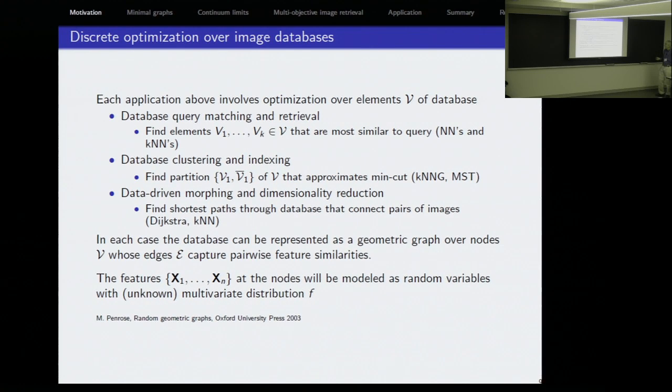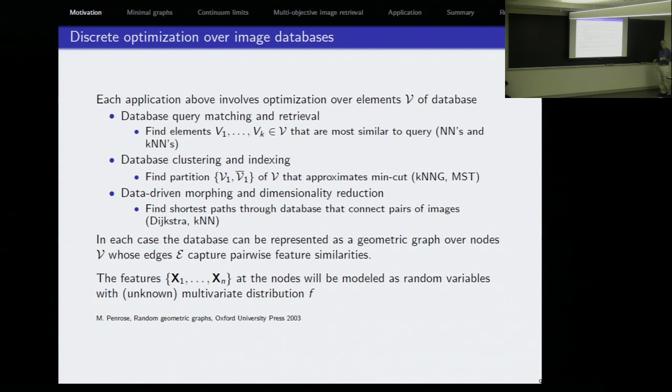So query matching and retrieval, like the first example I mentioned, where you want to find elements in the database that are most similar to some query. That similarity can be measured in terms of a variety of mathematical metrics or pseudometrics, and you can perform the listing using shortest paths or nearest neighbors or what have you.